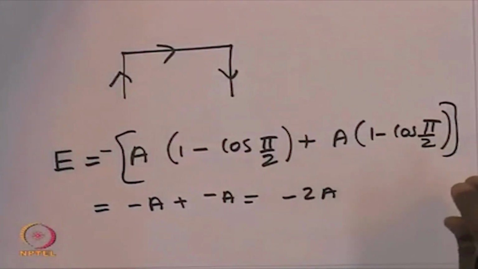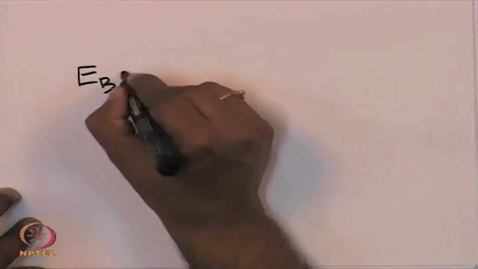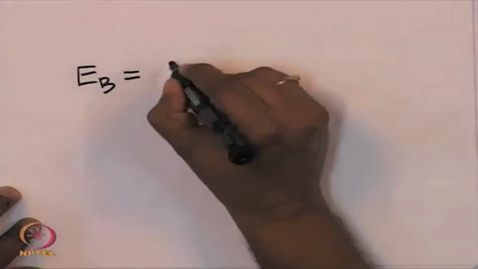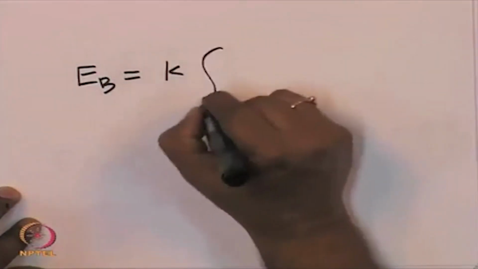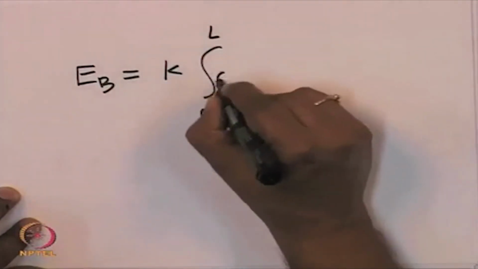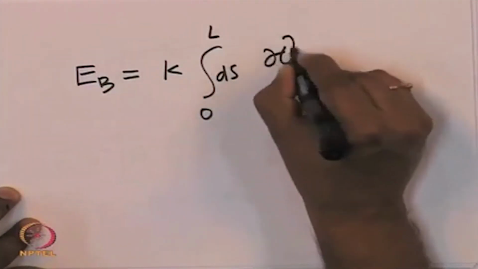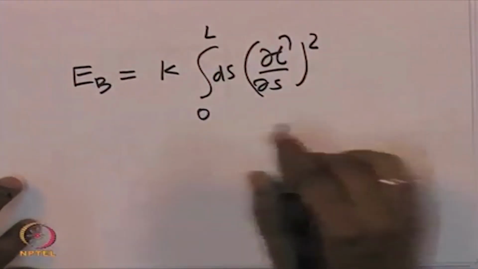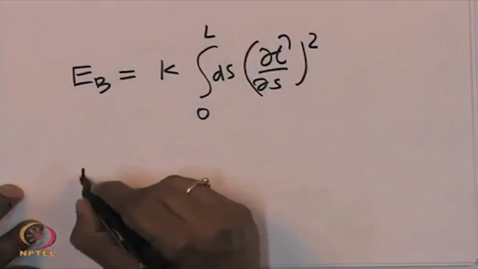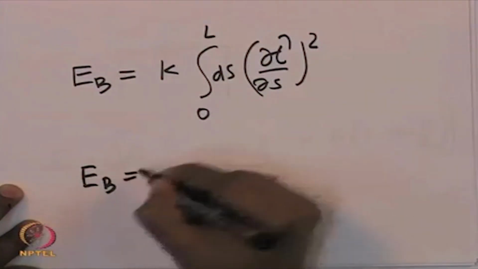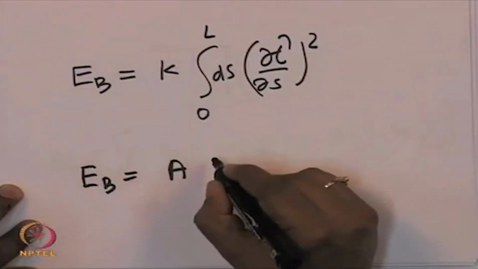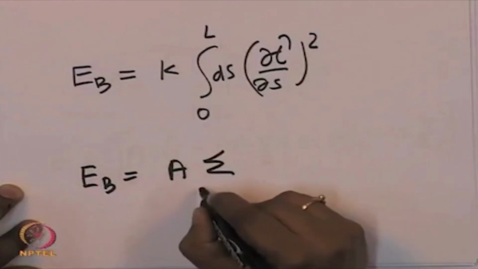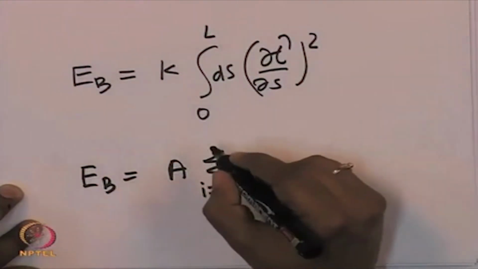It turns out that the bending energy we discussed, kappa times integral 0 to L ds, del T by del s whole squared, if we convert this to a discrete format, you will get E B as A times the sum over i equal to 1 to n of 1 minus T i dot T i plus 1.